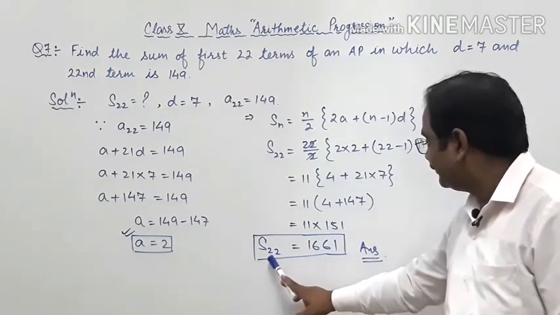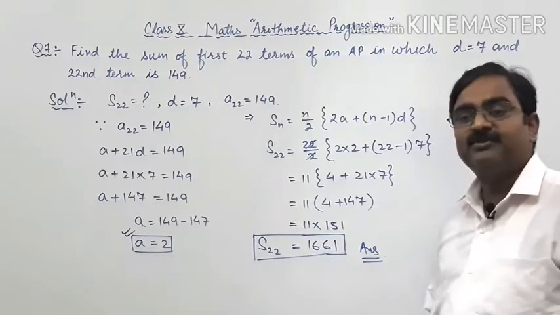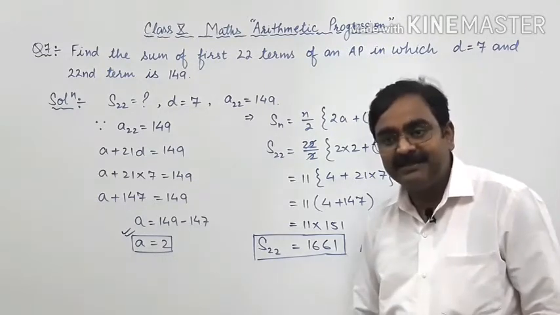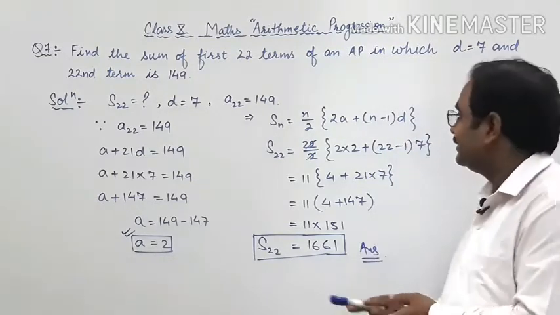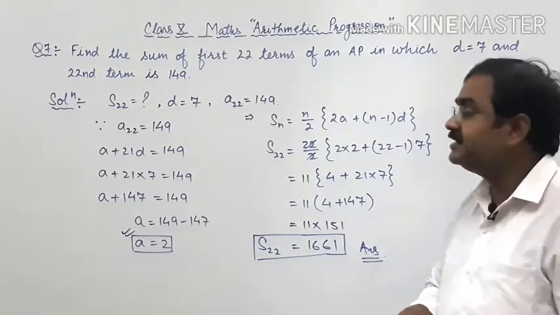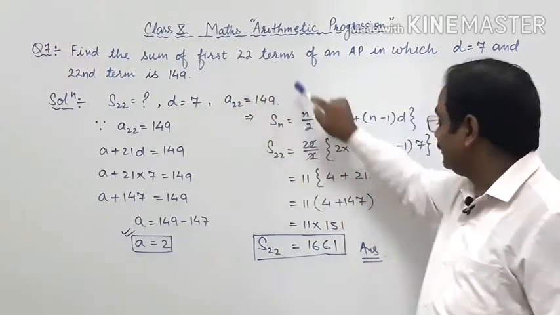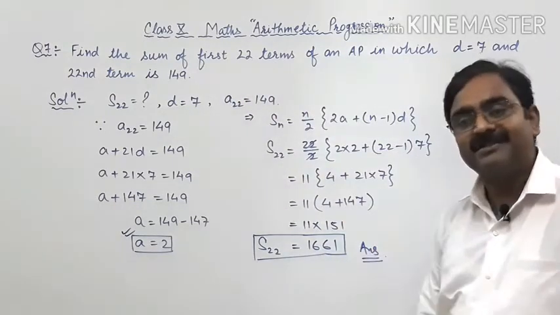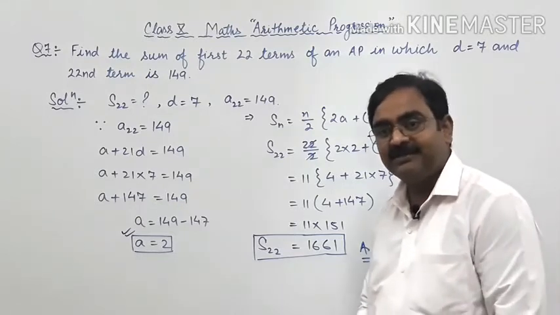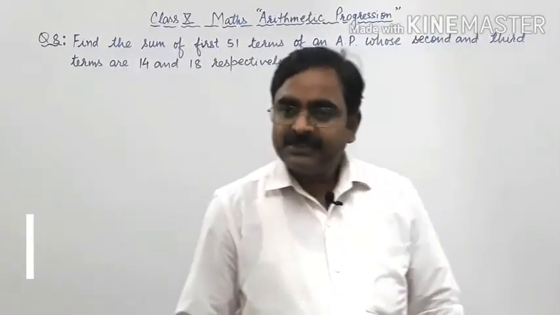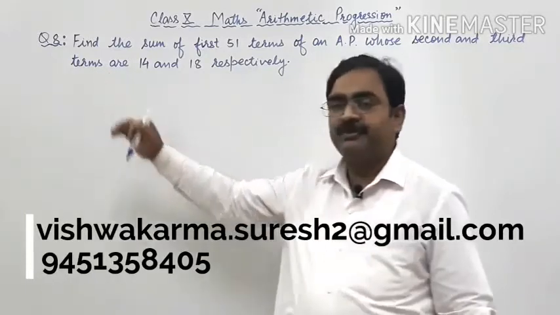Substituted, we got the value of S22, which is equal to 1661 is our required answer. It means the sum of first 22 terms is 1661, right?